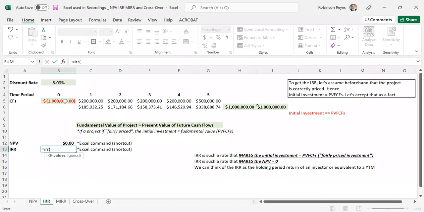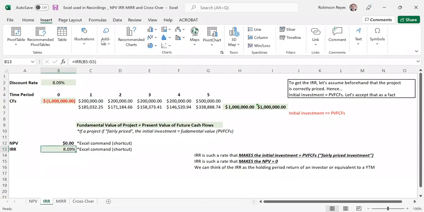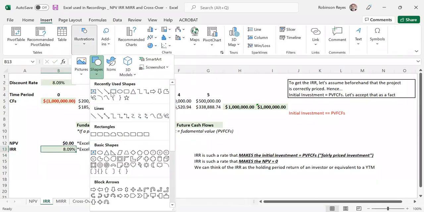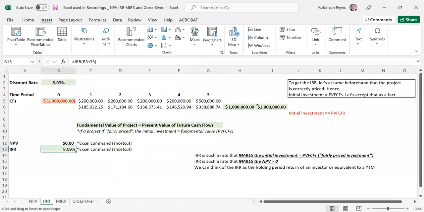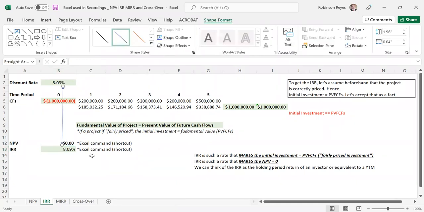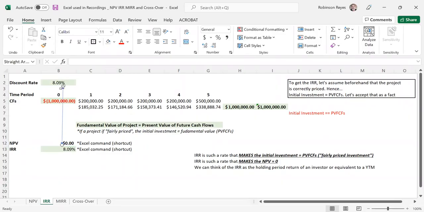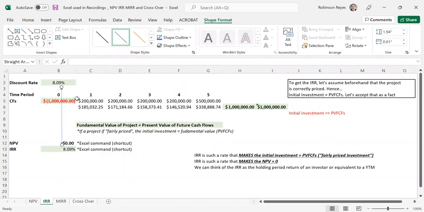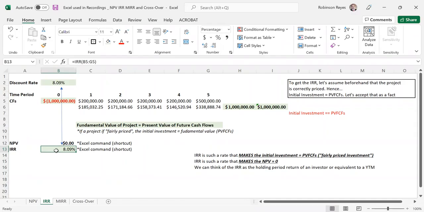With IRR, we include all of the cash flows, including this first one, and then we close this. And as we can see, now I'm adding these shapes just to show these two things are exactly the same. We found this rate with goal seek through a long approach, and here we just found it using the IRR command.